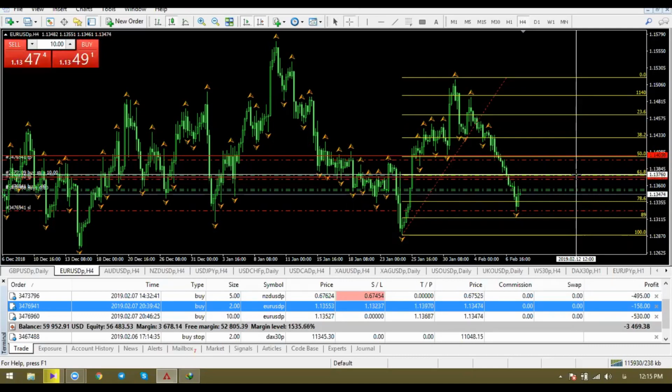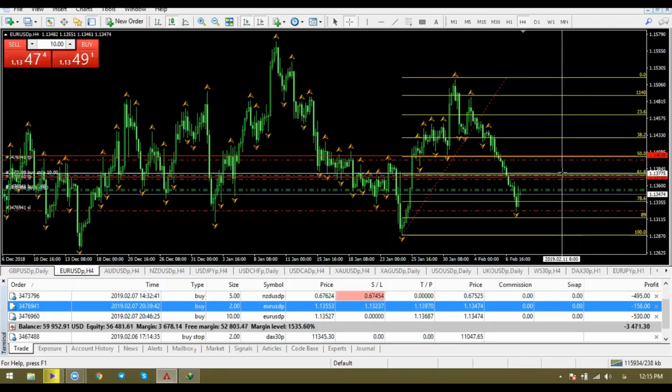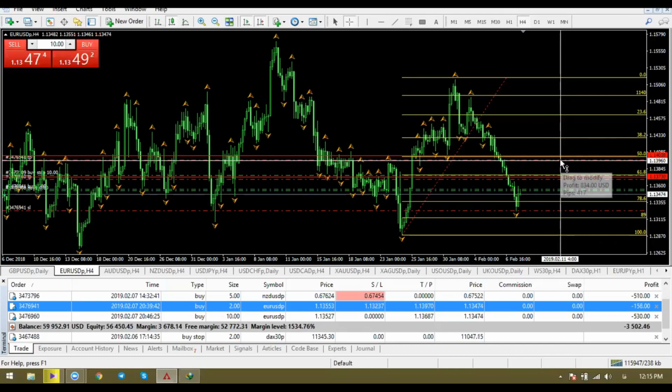Your second order, the buy stop, the price would be 1.13783. Its TP would be 1.13960.